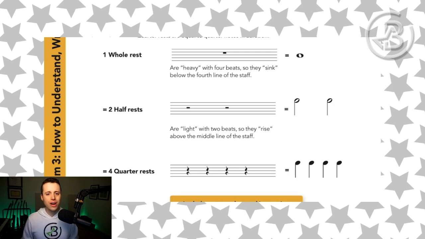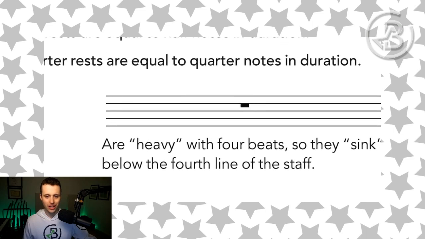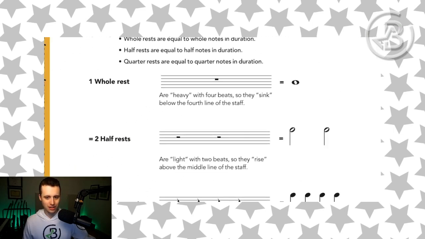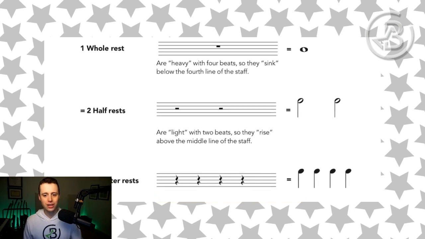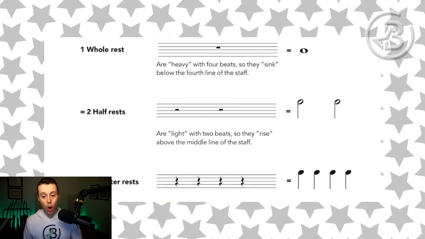Let's talk rests versus notes. We have whole notes. Those get 4 beats or 4 counts. We also have whole rests. Those get 4 beats, 4 counts. This guy right here. Yep, that's the whole rest. Okay, then we have half rests. And sure enough, those are going to get, you guessed it, 2 beats or 2 counts.